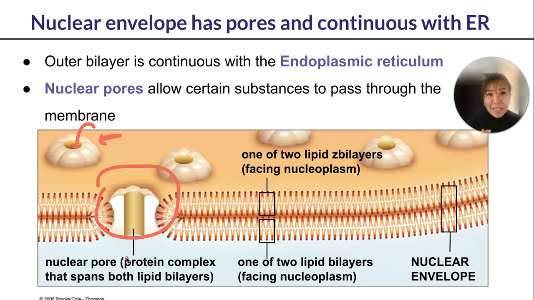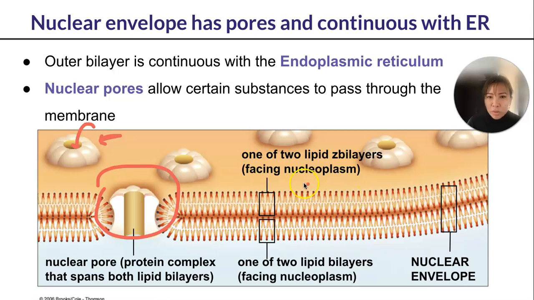We want to access that information and transcribe it into RNA, which is another nucleic acid, and then we can push that RNA out of the nuclear pore so that it can find a ribosome that it can use to translate that RNA into our final polypeptide, hence our protein that we'll need later on.